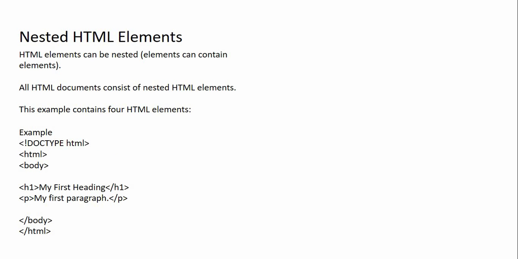So moving on, we will talk about the nested HTML elements. HTML elements can be nested. Elements can contain elements. Basically, all HTML documents consist of nested HTML elements. This example contains 4 HTML elements. I will explain them to you now. As you can see here, the HTML tag is the element that defines the whole document, with the opening and the closing tag.